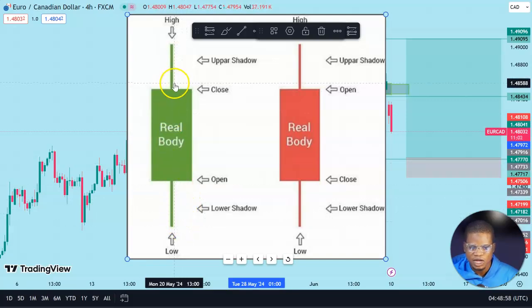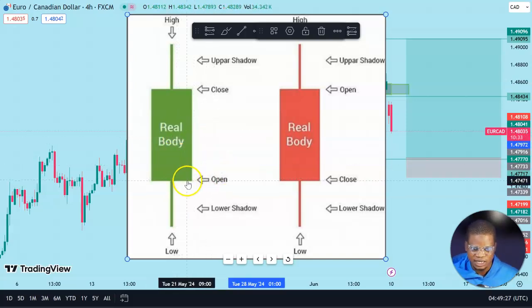Then the price went up again, and the highest price it was able to reach within this 4 hours is the high, and it closed here. So the candle opened down here, went down a little bit, but it could not stay down. The bulls kept pushing it up, went as high as this, but later came down and closed here, and eventually is a bullish candle because it's closed higher than where it opened, right?